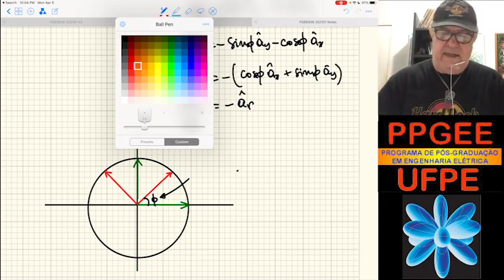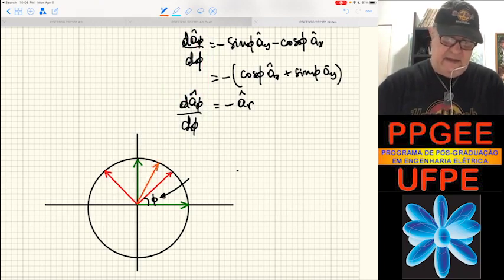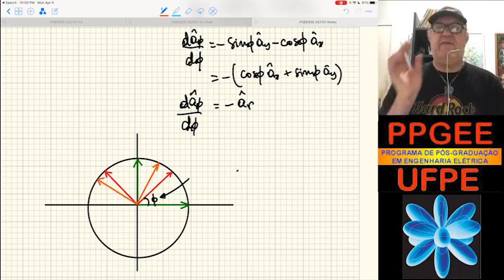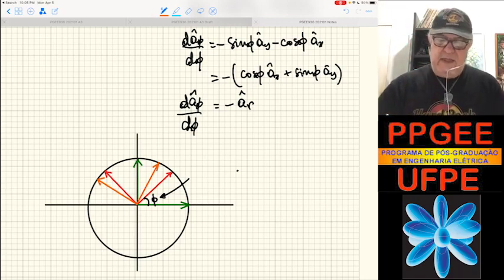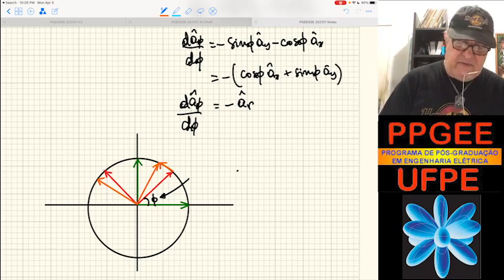Let me pick the new versor. AR is going to be like this, and A phi is going to be like that, after you make a small increment. So AR goes from here to there, so I have this change here. A phi goes from here to here, and we have this change.